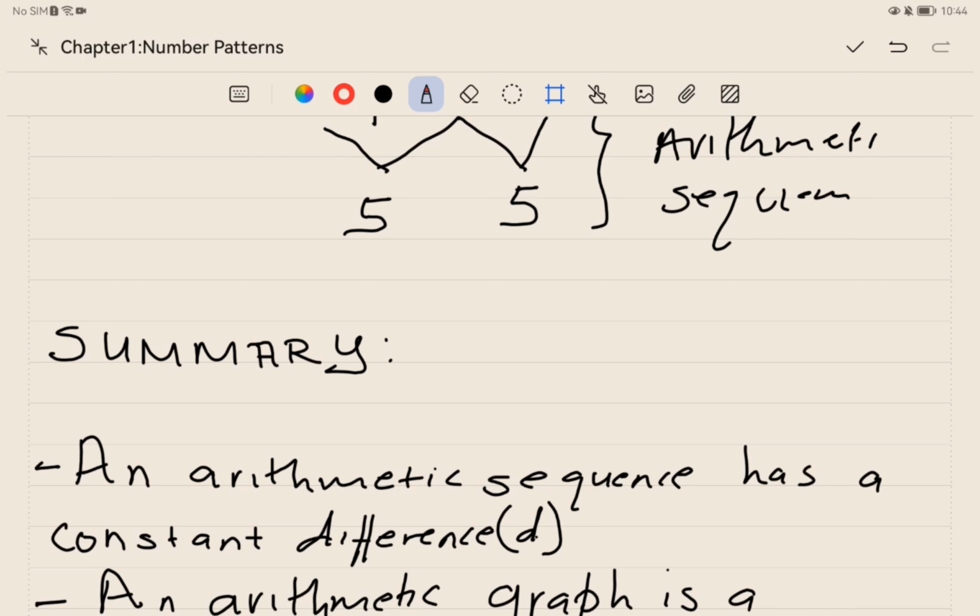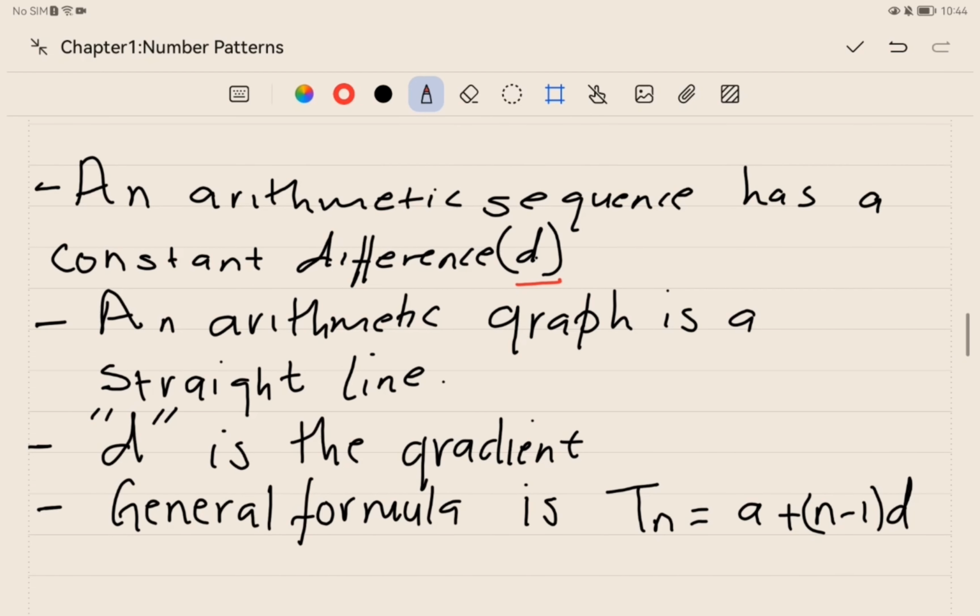So in summary, an arithmetic sequence has a common difference d. These are the things that you should be taking from this section. An arithmetic graph is a straight line. Whenever you are asked to plot, just expect a straight line, okay? d is the gradient because we have a straight line graph, right?